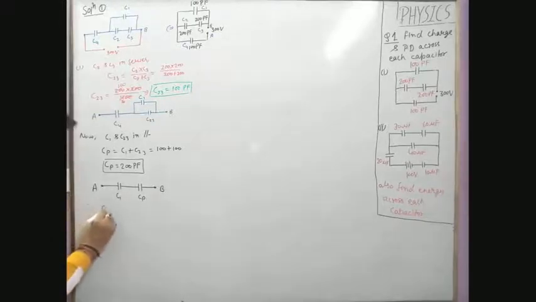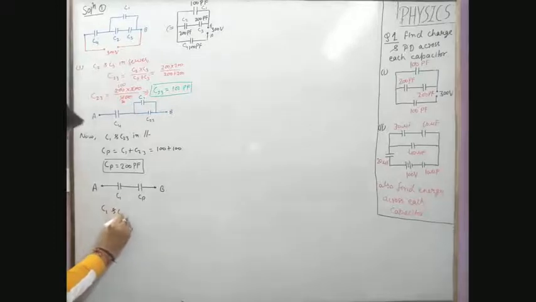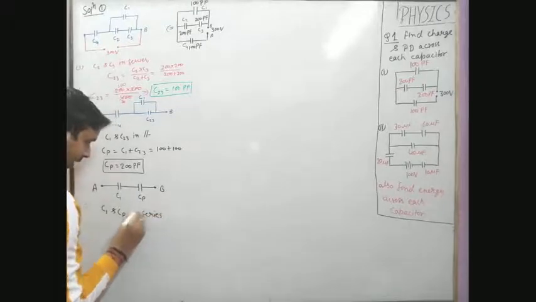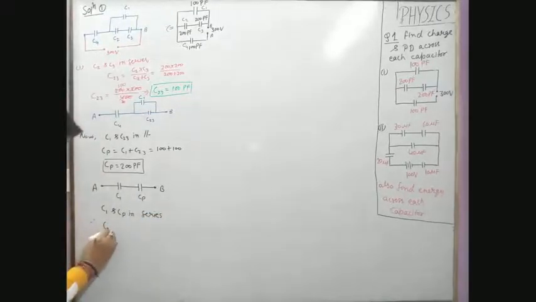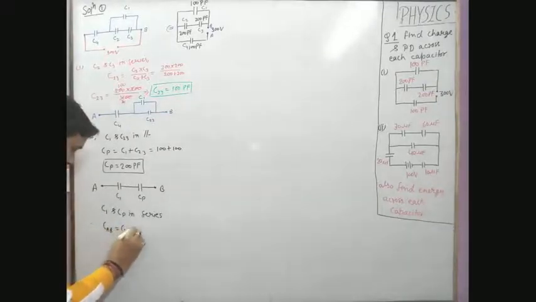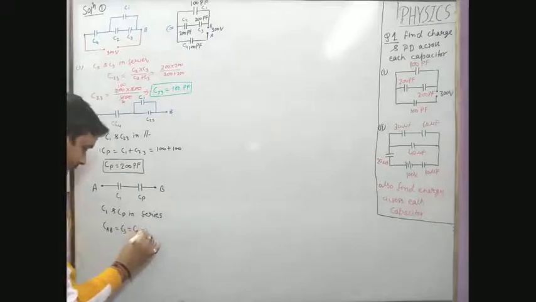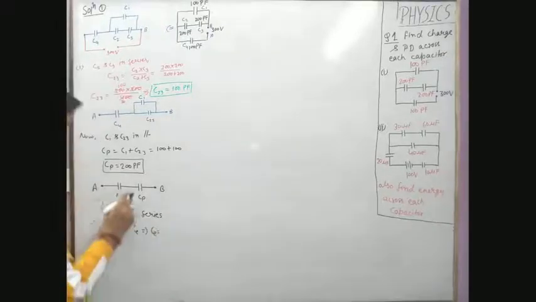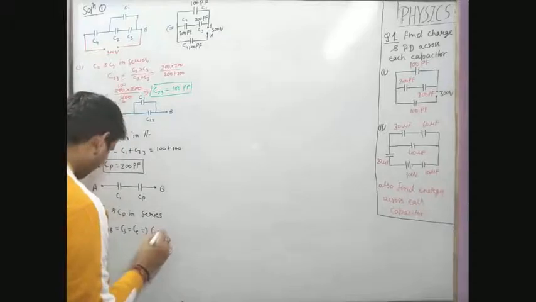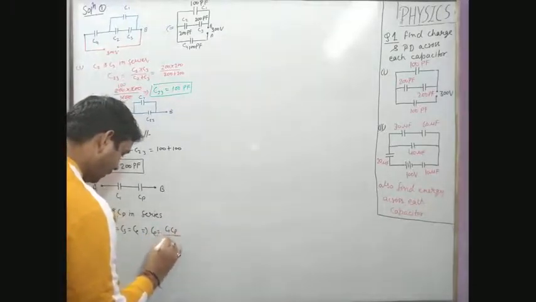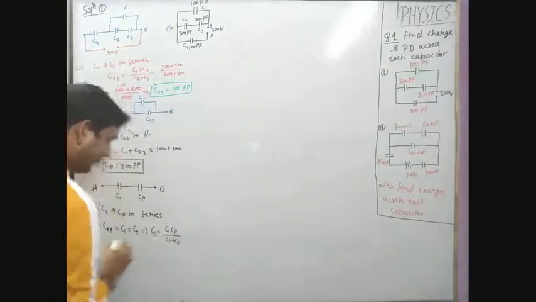Therefore C1 and Cp in series, that is CAB, which you call CS, the equivalent capacitor. So we use here the value of CE, which is equal to C1 Cp upon C1 plus Cp.